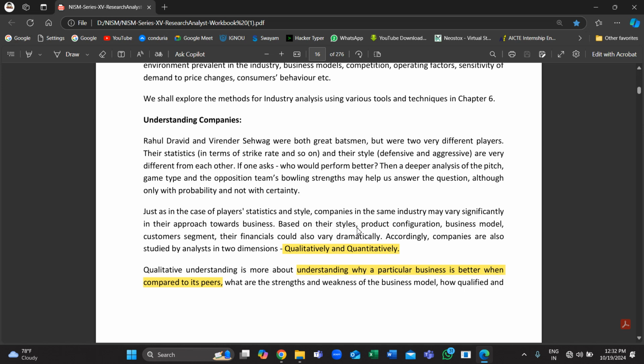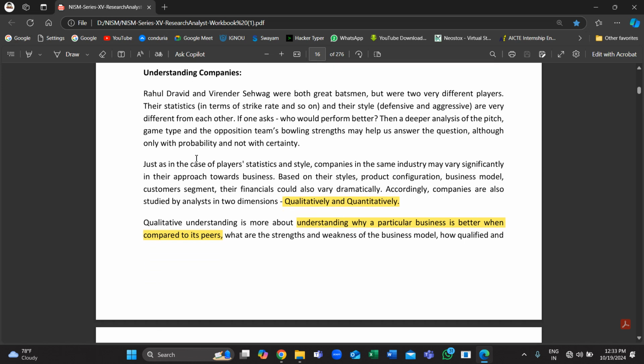So how would you analyze who is better? Both are better in their own styles. It depends on you, which player has the better game type, which player has the strength to win, which player can turn the match around. It's all up to how you analyze those batsmen.